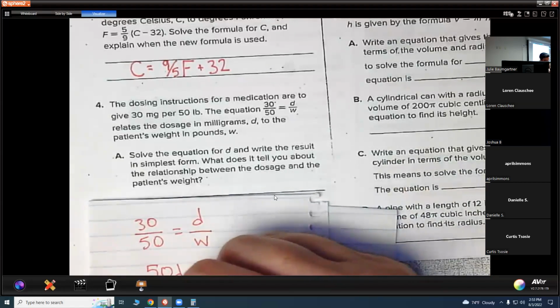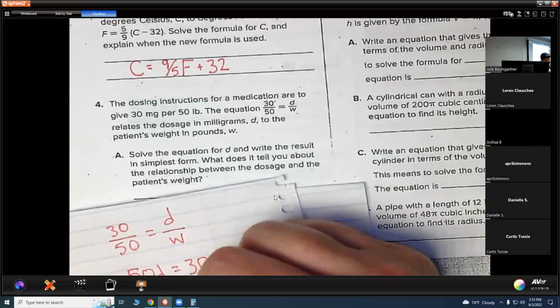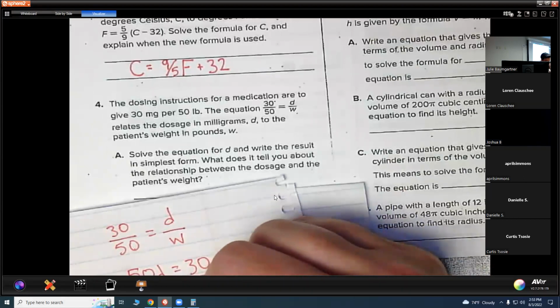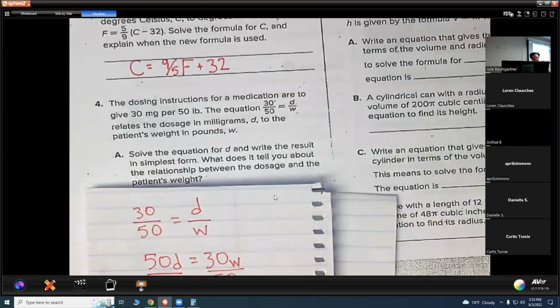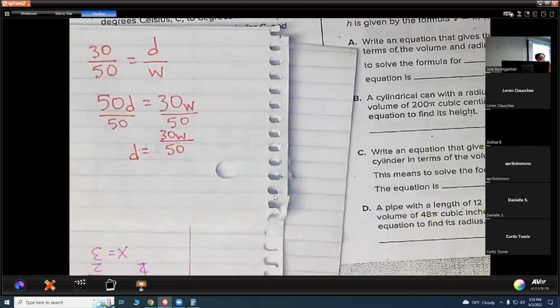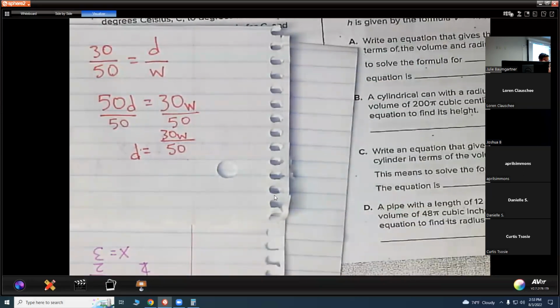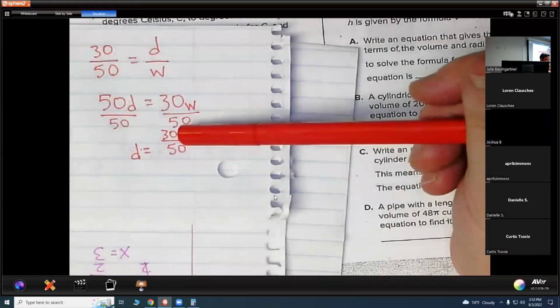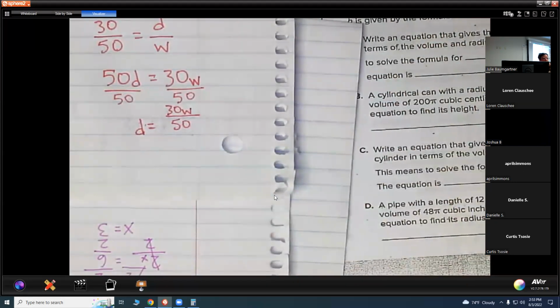So D equals 30W over 50. Now, is 30 over 50 simplified enough? No. How can we reduce this? 30 divided by 50. What's the highest number I can divide out of both the top and the bottom to reduce the fraction?